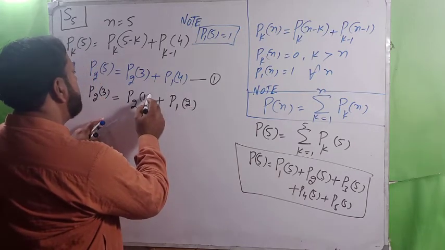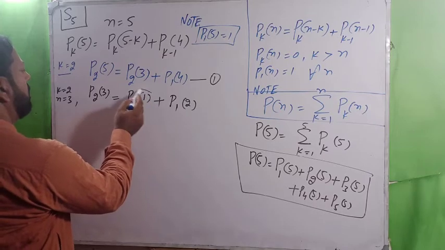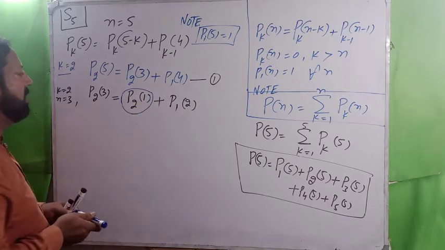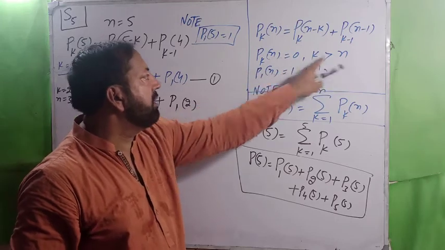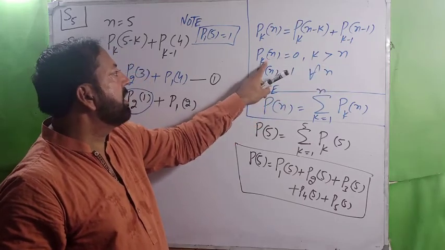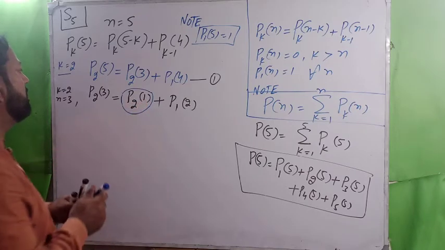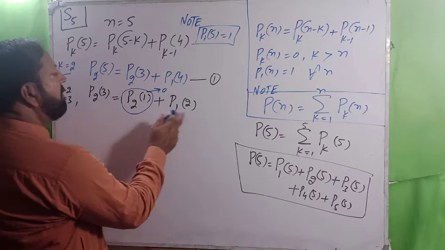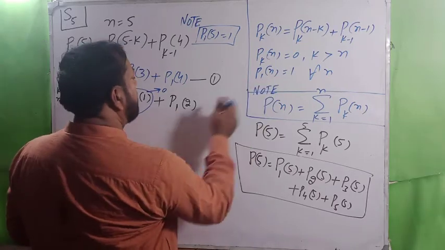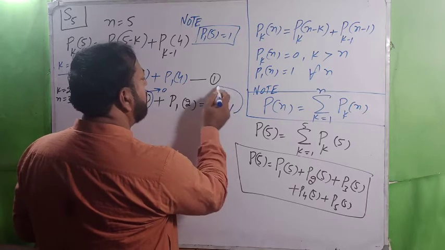And you know P2,1 tends to 0, because Pkn, if k greater than n, it's 0. And P1,n is equal to 1, so this is equal to 0 plus 1, which is equal to 1.